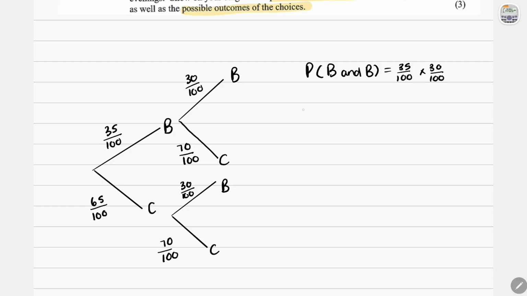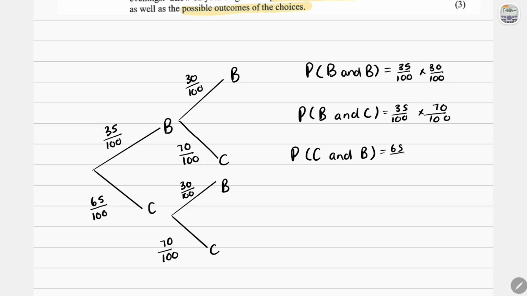Then the next possibility is that on evening 1, they chose beef, and then on evening 2, they chose chicken. So the probability of beef and chicken is 35 over 100 multiplied by 70 over 100. Then the third outcome: you can see we're done with this branch. We went beef and beef, beef and chicken, and now we're here. So chicken and beef. On the first evening, they could have chosen chicken, and then the second, they chose beef.